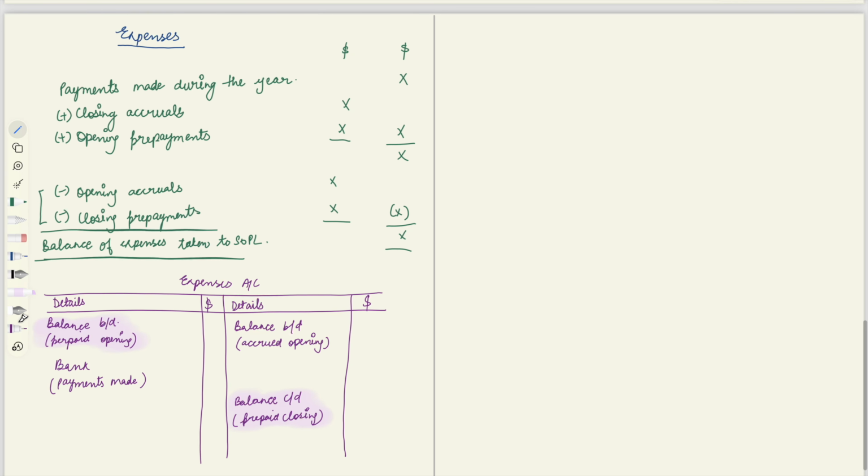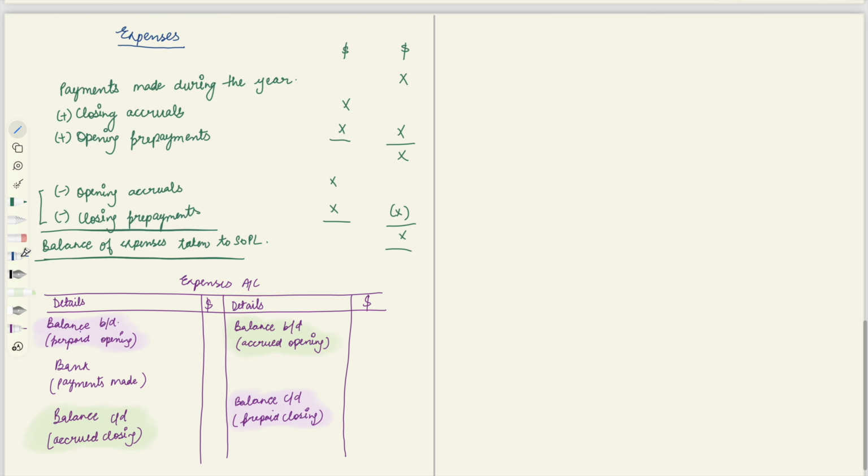Accrued opening, accrued closing. This is accrued opening, opposite is accrued closing.